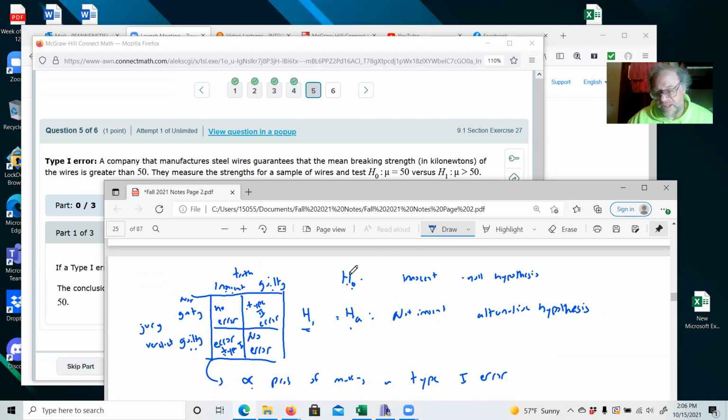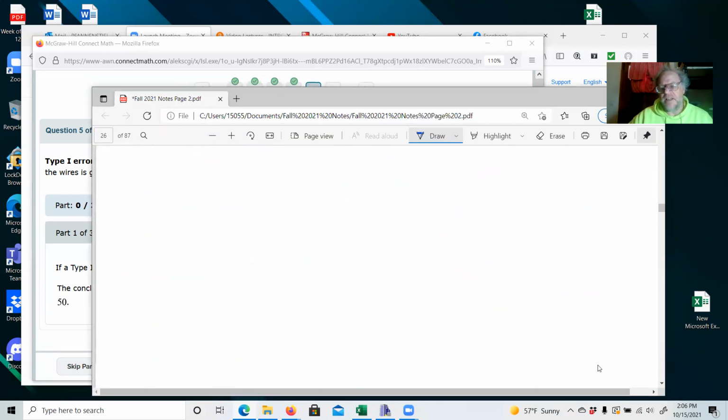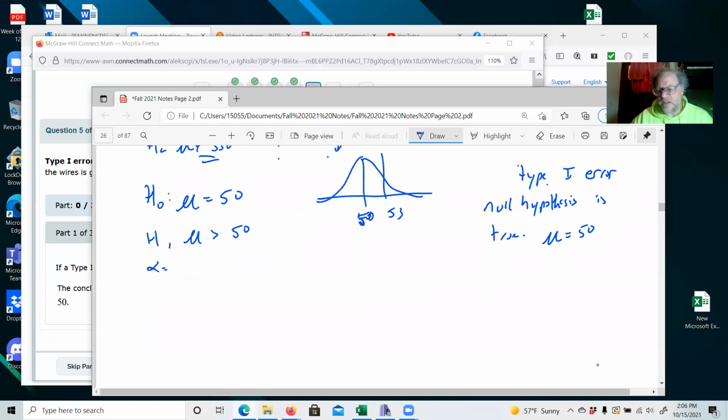So we're going to go back down here and say, nope, we have concluded, we the jury have found for the alternative. What's the alternative? The alternative says that the tension is actually greater than 50.